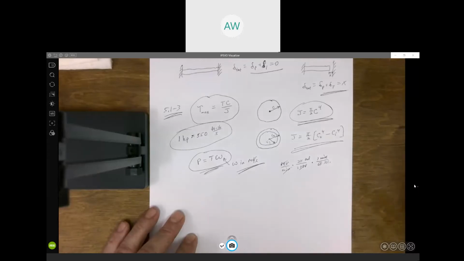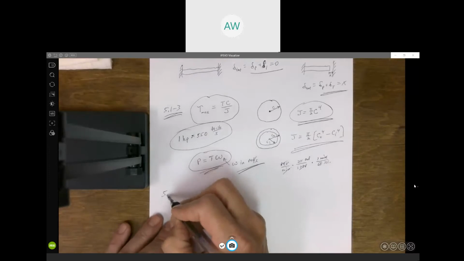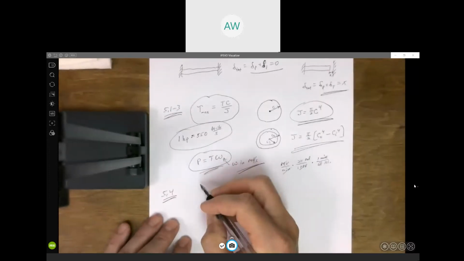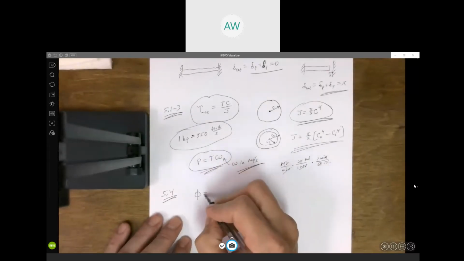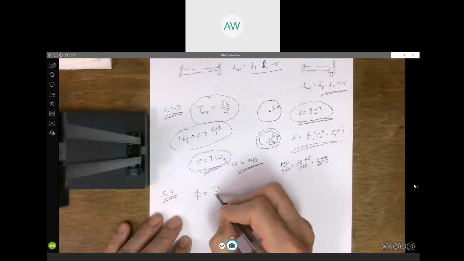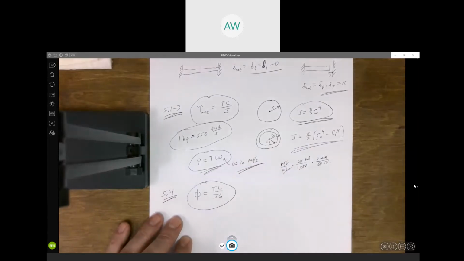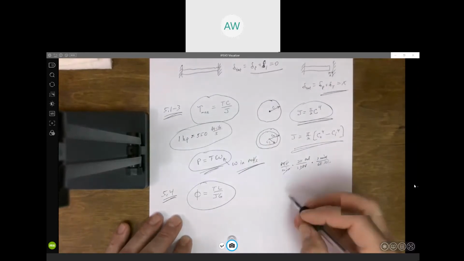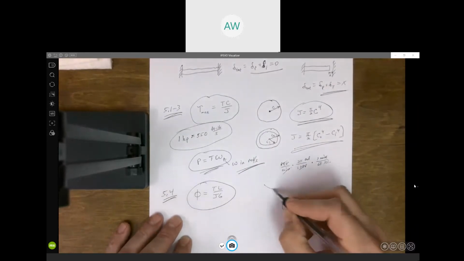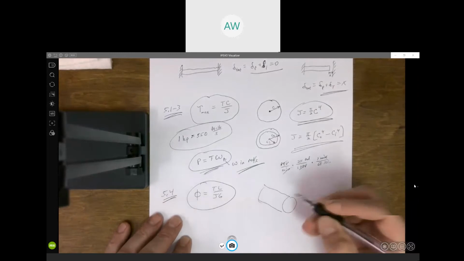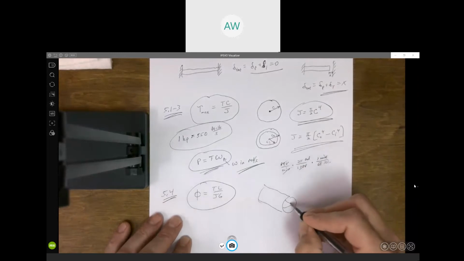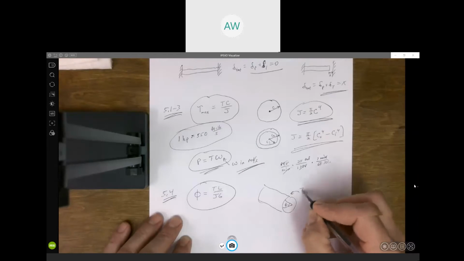All right, well, the only other formula in chapter 5 was when we talked about angle of twist. And so the angle of twist, phi, equals TL over JG. That is a formula that you do need to know. Again, if you're looking at this circular shaft, you apply a torque to this thing.